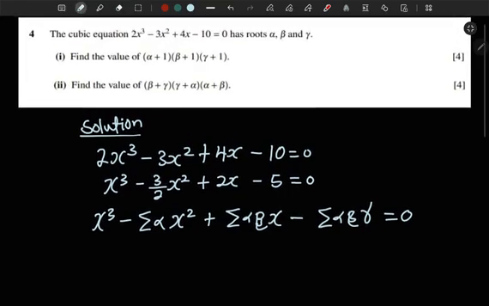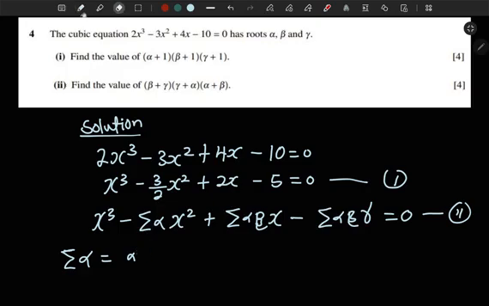So by the time you compare this equation, let me call this equation 1, with this, you realize that the sum of the roots, which is summation alpha, which can be written as alpha plus beta plus gamma, is given to be 3 over 2.